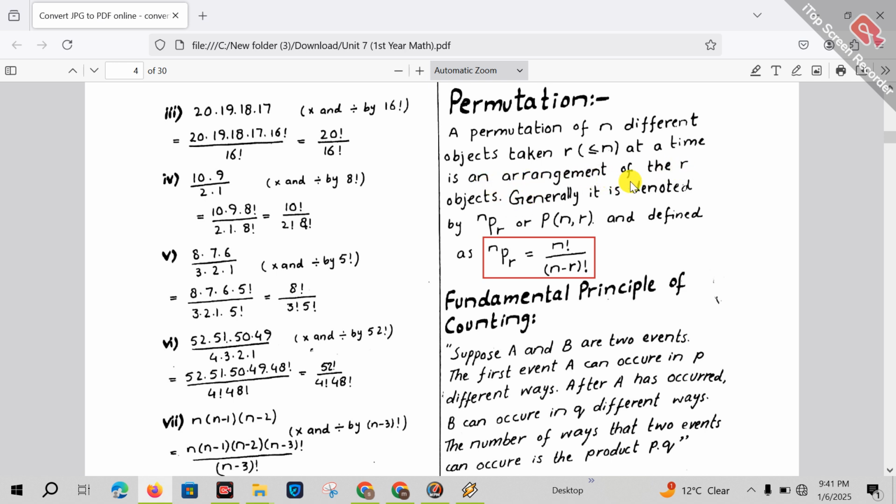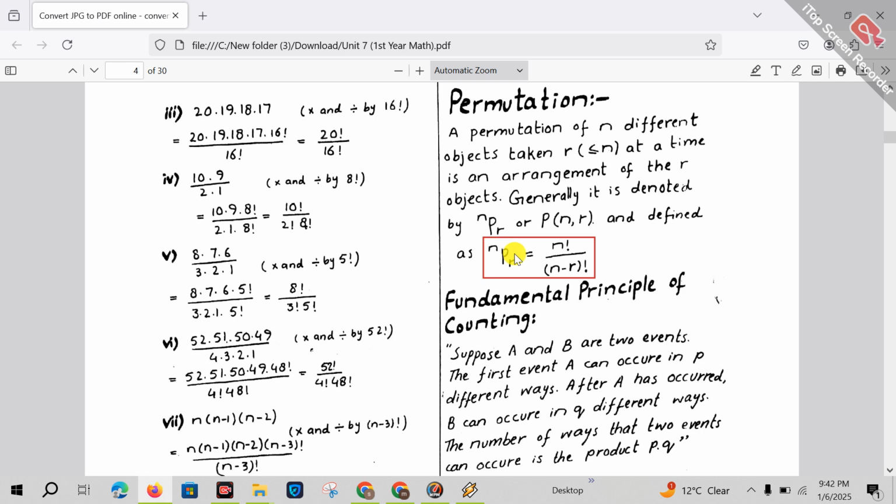Generally, it is denoted by nPr, or we can read it as P(n, r). Here P means permutation, n means the total number of objects, and r means the selection from n.